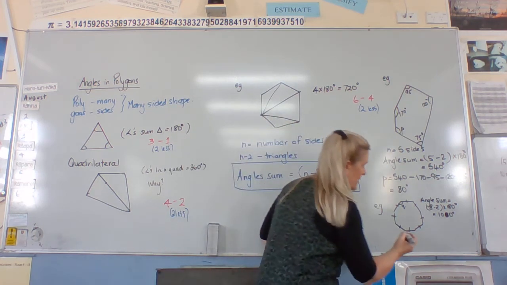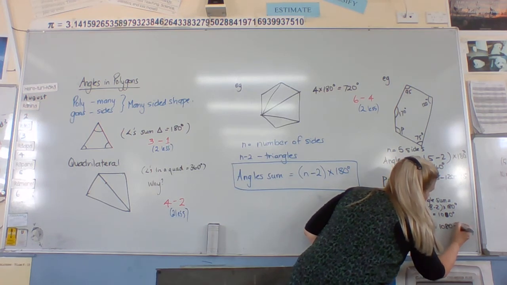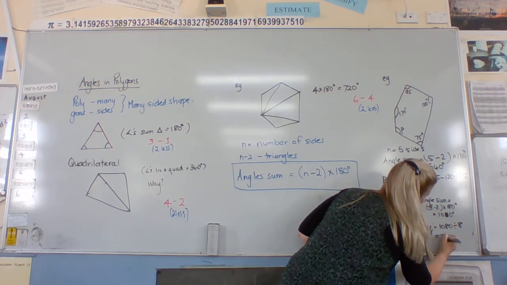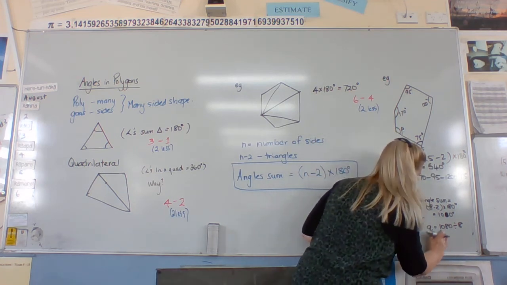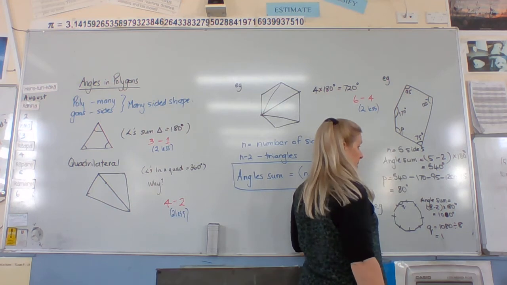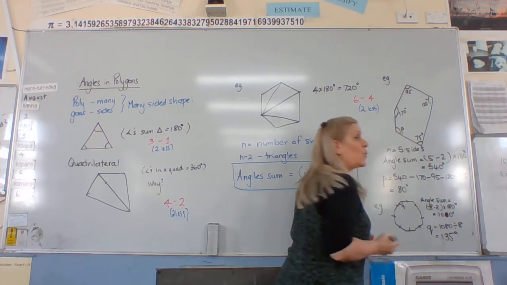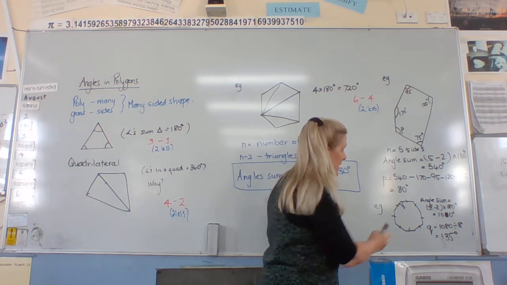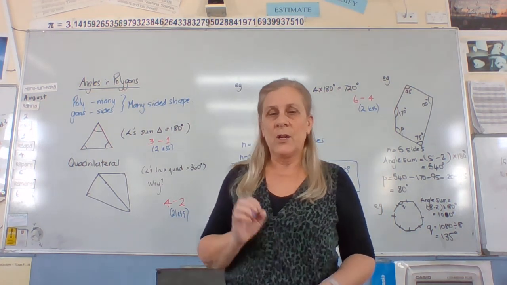Good, divide by 8. So Q equals 1080 divided by 8, which is 135 degrees. And so will every other angle around there, they'll all add up to it.